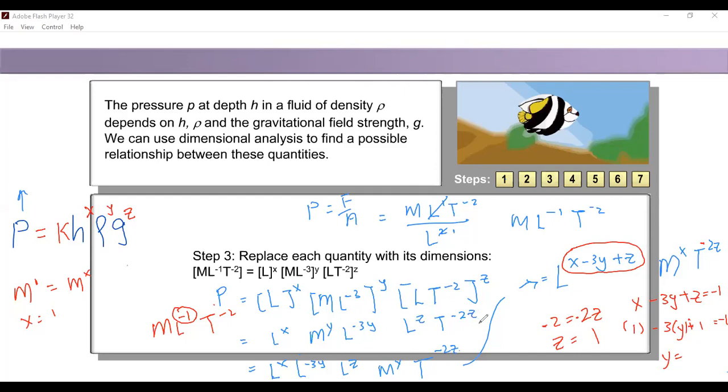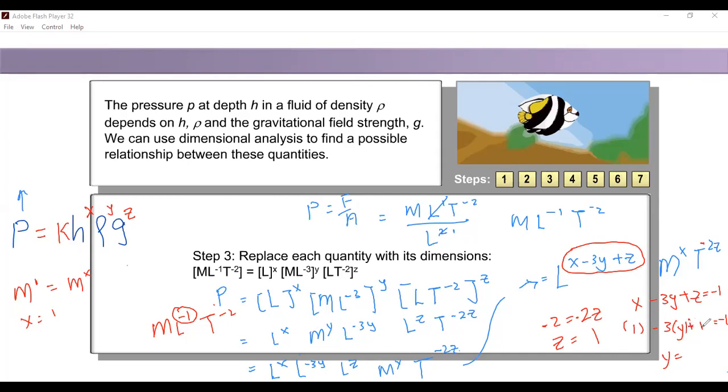Okay, so negative 2. Let me see. X is 1.